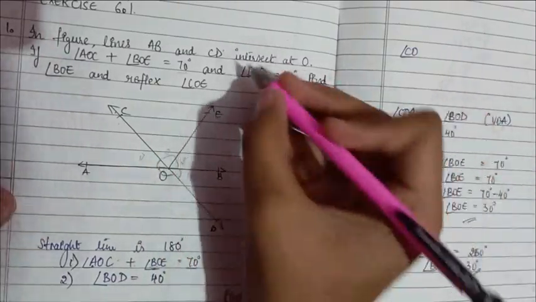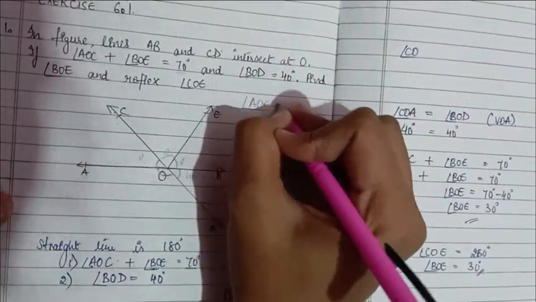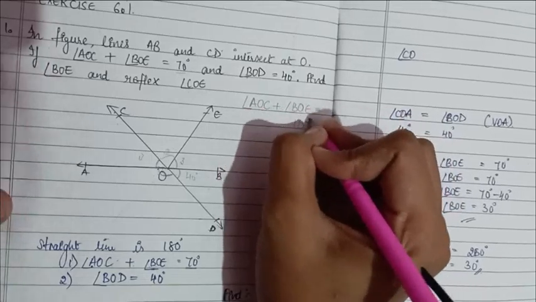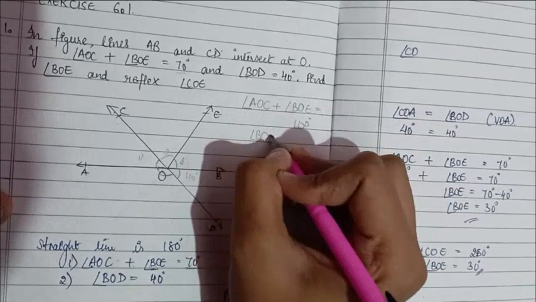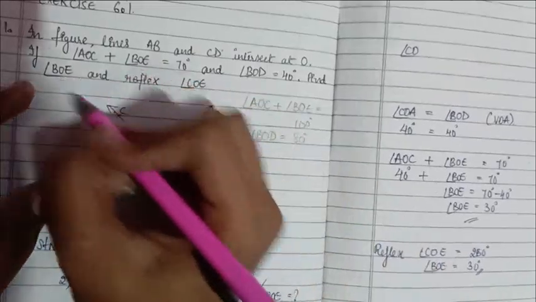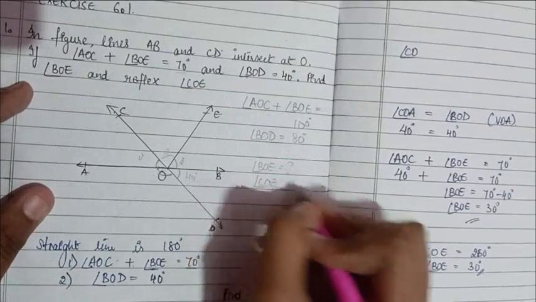This is my own question. Angle AOC plus angle BOE is equal to 100 degrees, and BOD is equal to 80 degrees. Again you have to find BOE and angle COE reflex.